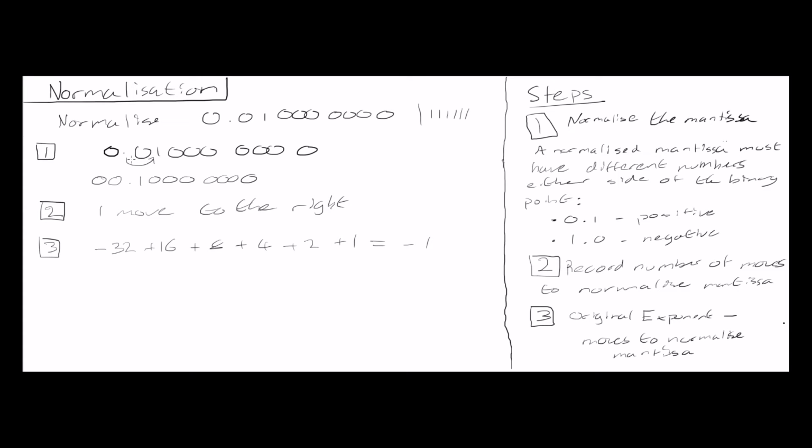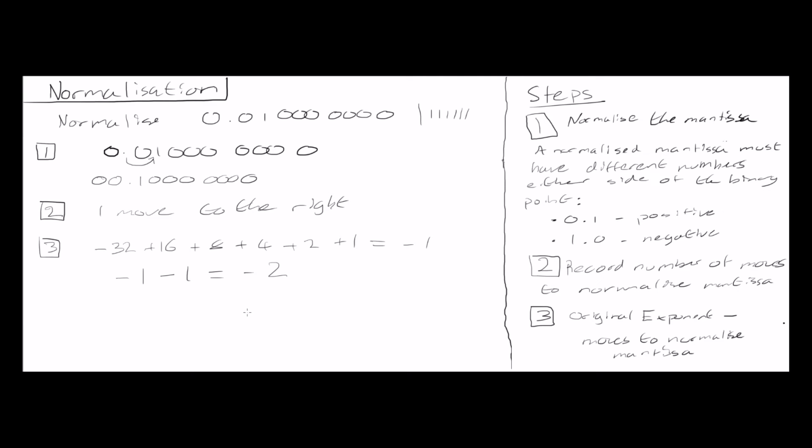We've now moved this binary point one space to the right, and we've got to apply this formula here. Original exponent minus moves to normalize the mantissa gives us our new exponent. So essentially we've got to do minus 1 and then minus 1 because this is one move here. So minus 1, and that's going to give us a new exponent of minus 2.